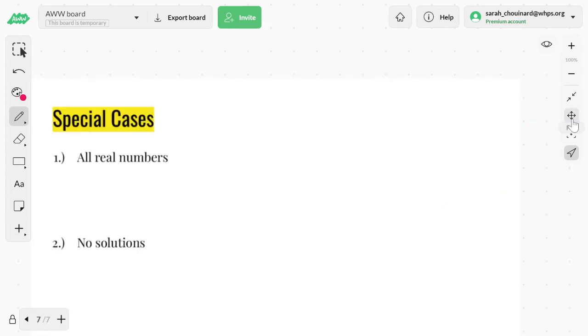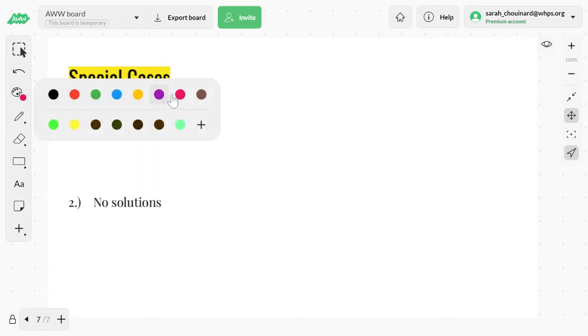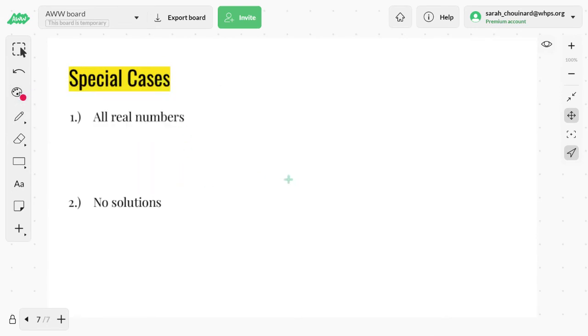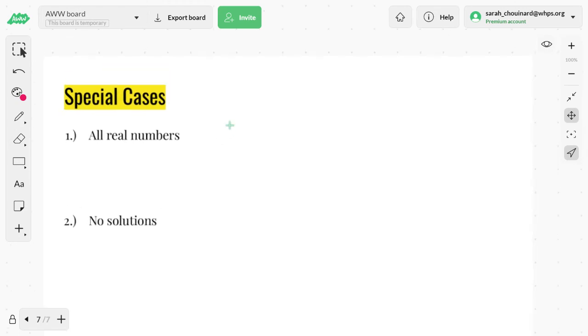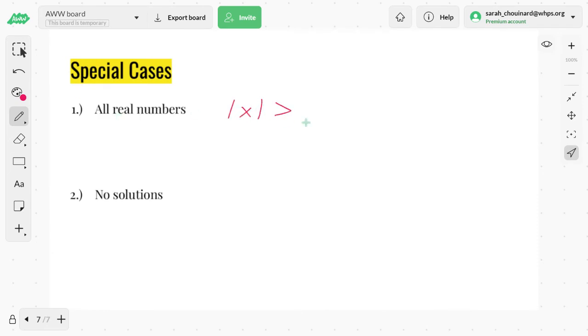And as always, we have a couple special cases here. So the first special case is that an absolute value inequality could have all real numbers as its solution. That would occur if the statement was always true. So the way we're going to get an always true statement is if we have, for example, the absolute value of x is greater than -3.